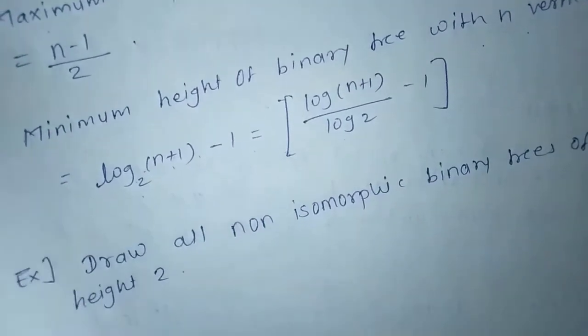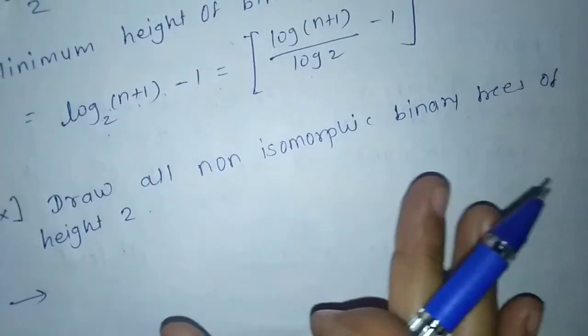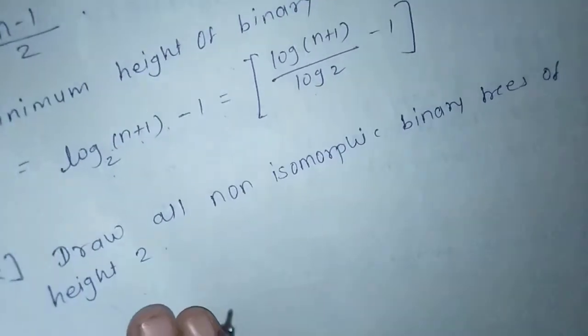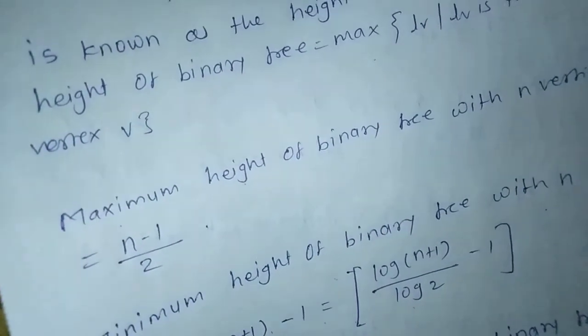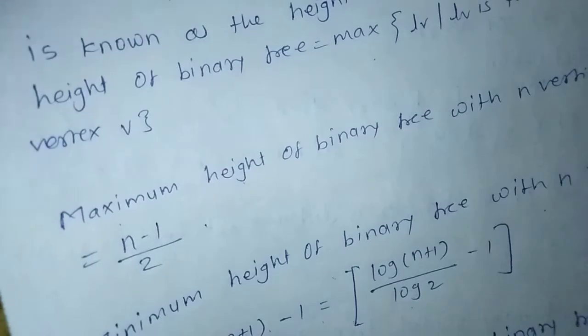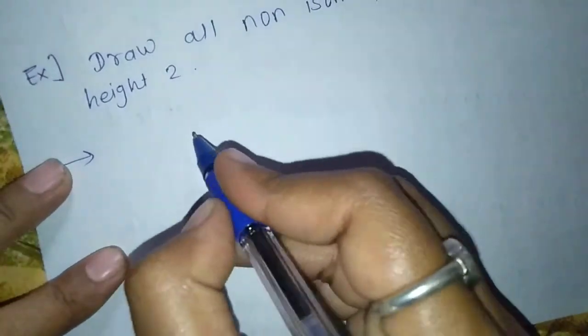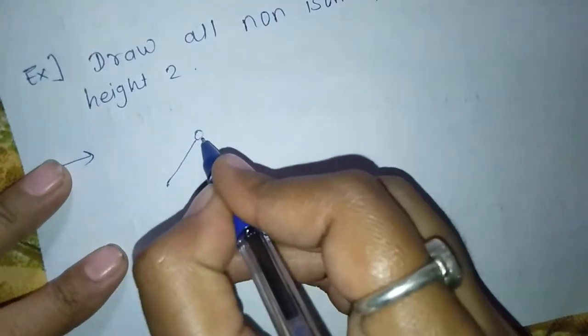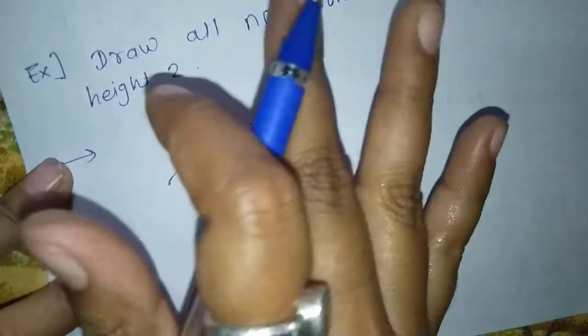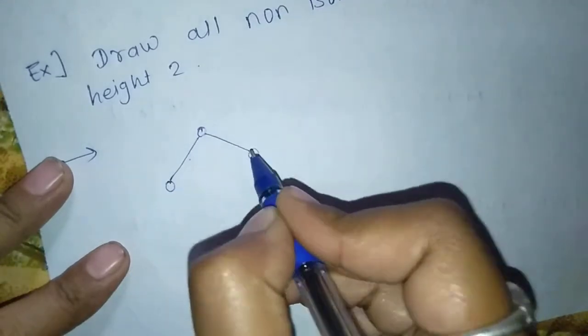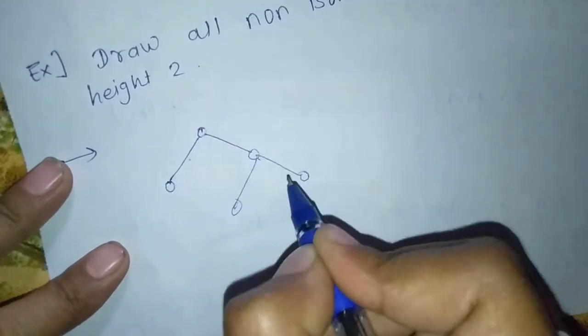Now next example, draw all non-isomorphic binary trees of height 2. Height 2 means levels 0, 1, 2. There are 3 levels for your consideration. Okay, this is the root, so the degree of this vertex is 2. Now you can write this.